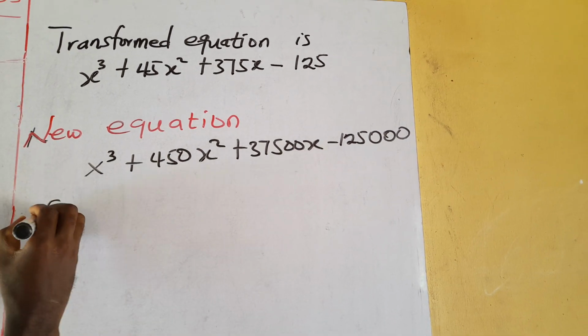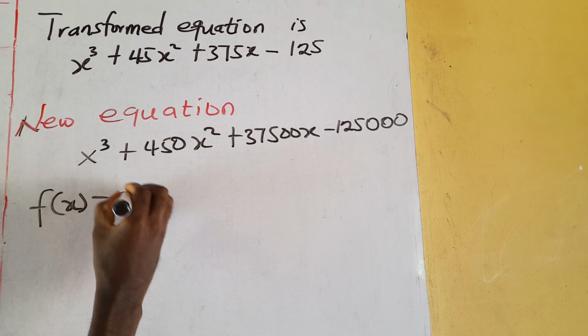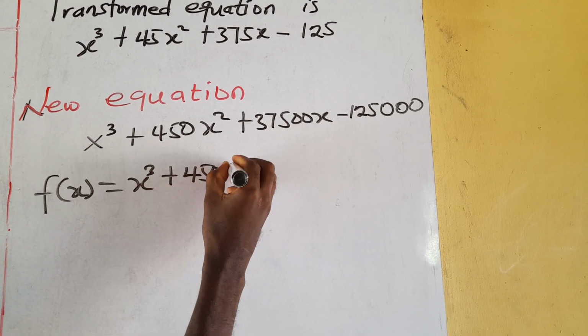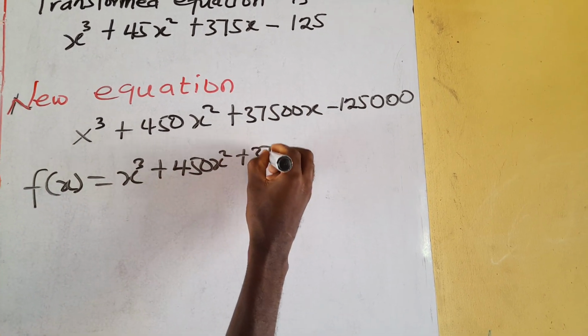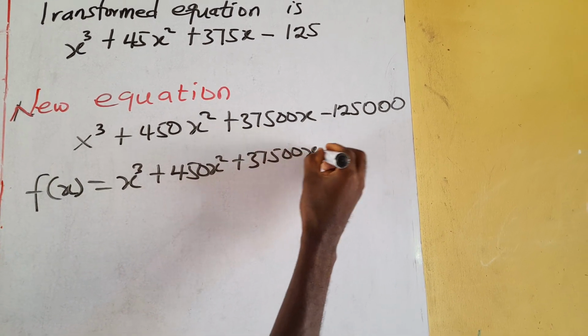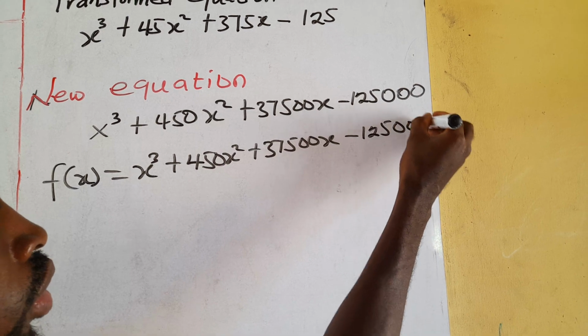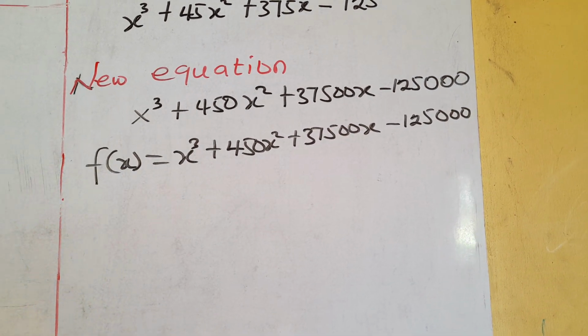Then we can say our f of x is equal to x cubed plus 450x squared plus 37500x, then minus 125000.